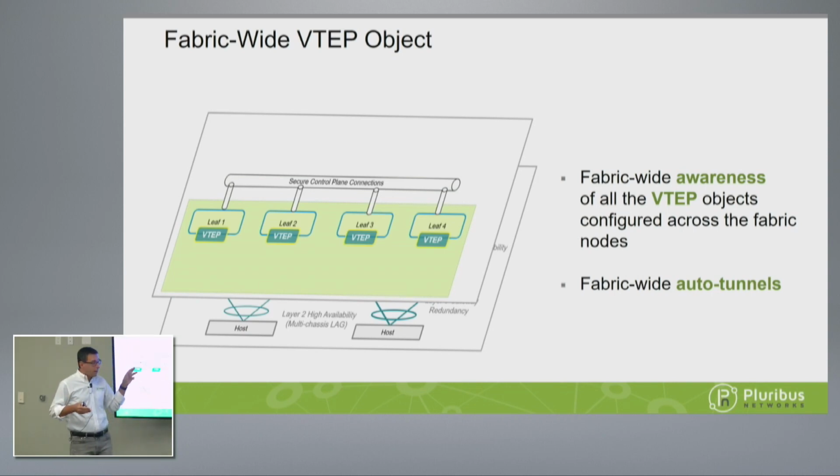So you build a VTEP on leaf 1 or leaf 2, and every other switch knows that there's a VTEP. And I use this capability for our auto tunnel feature, which I'm going to show you in a little more detail. So even VTEPs are actually objects which are made aware to all the other nodes in the fabric.